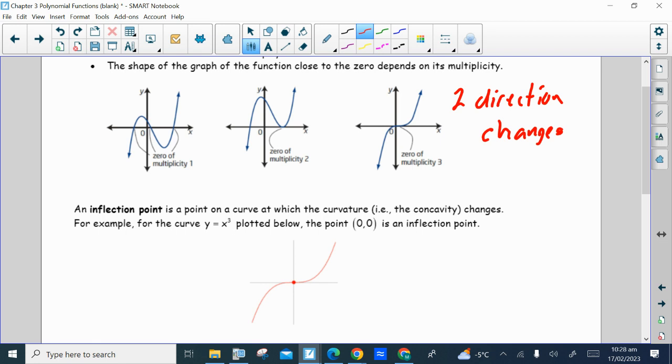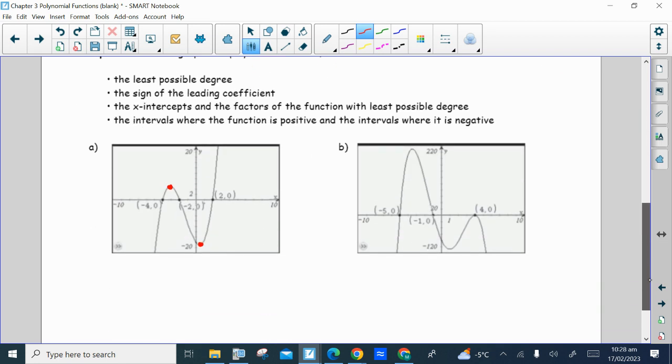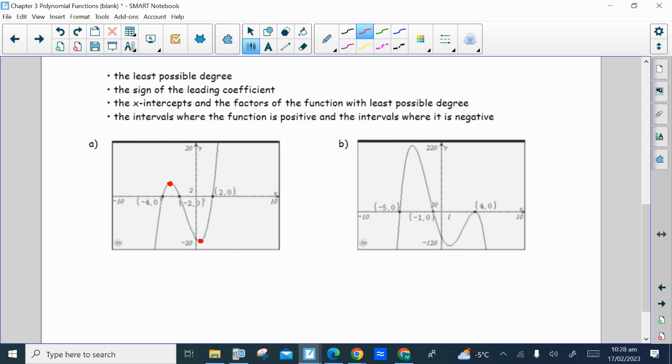The other two graphs here have two direction changes as well. The number of direction changes is always one less than the degree. So again, because there's two direction changes for this graph below here, that means it would be a third degree polynomial. And so there's the answer to the first bullet. The degree would be 3.